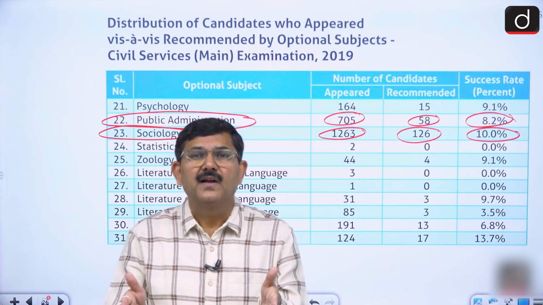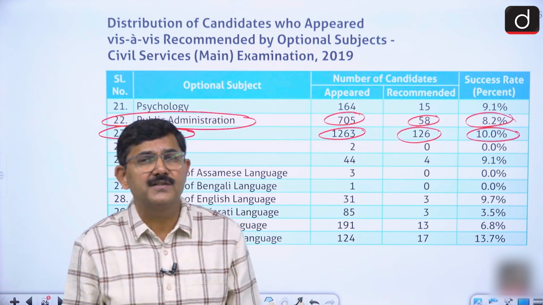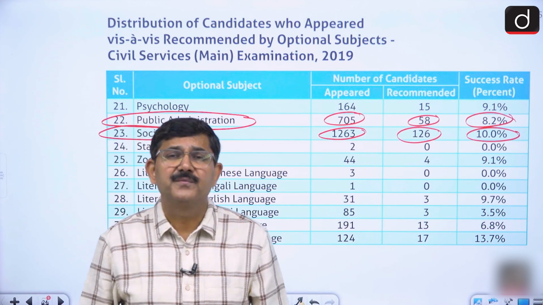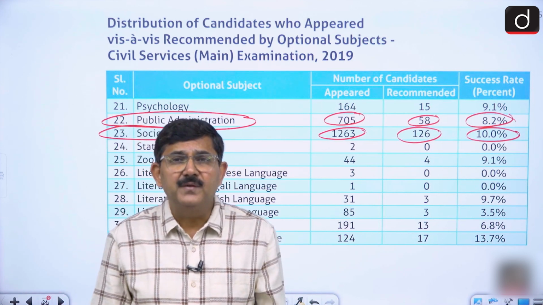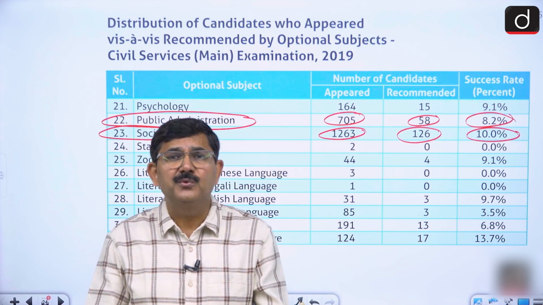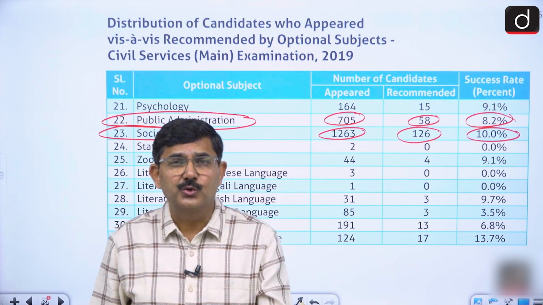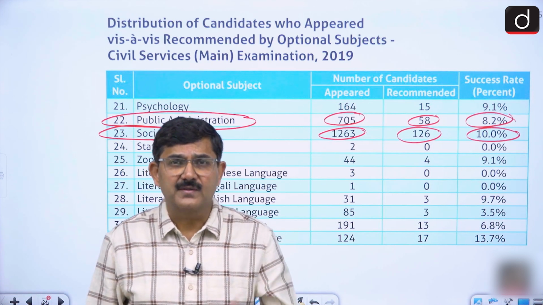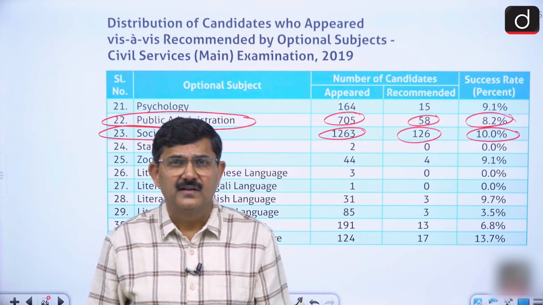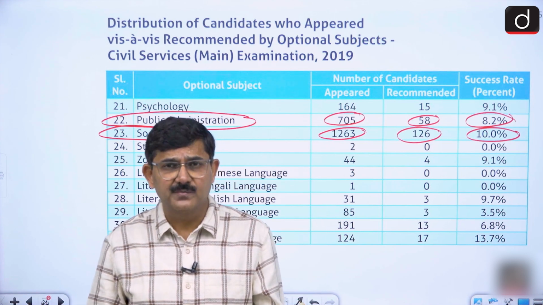So this is it, and as you know, sociology is about the society itself. Society means the one you actually live in. It's about your social environment. It's about your family. It's about the caste system in India.